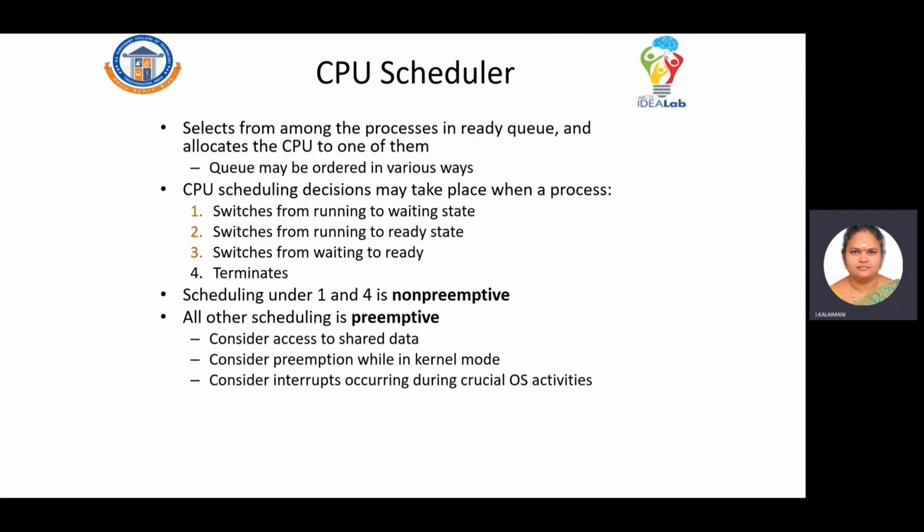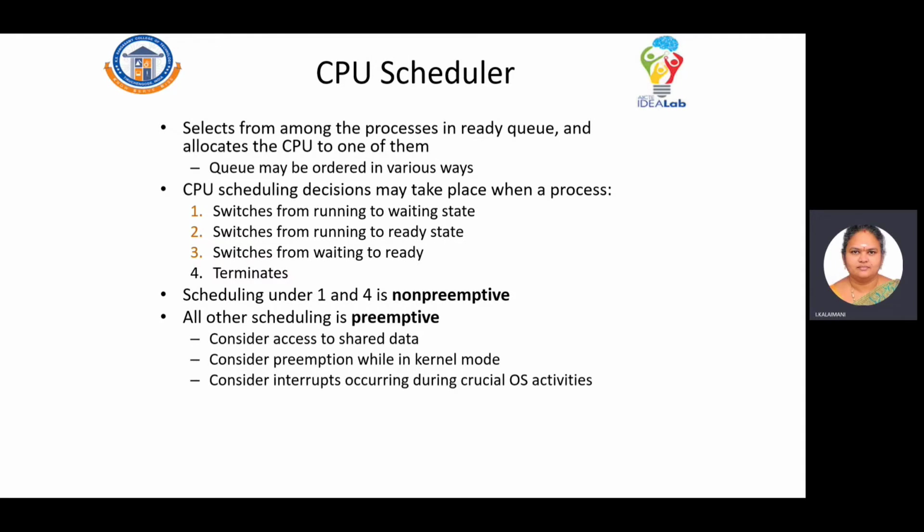When switching from waiting to ready, the process waiting goes to the ready queue. Then we have to switch a process from ready to running state. Terminates: when a process terminates, it goes from running state to terminated state, and the processor is in need of another process. The processor means the CPU.